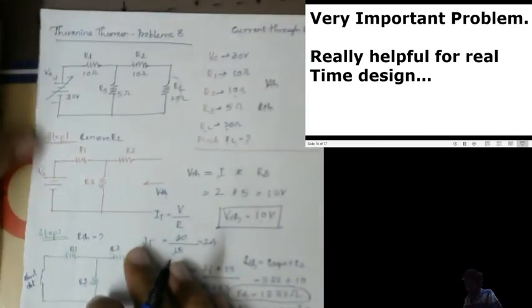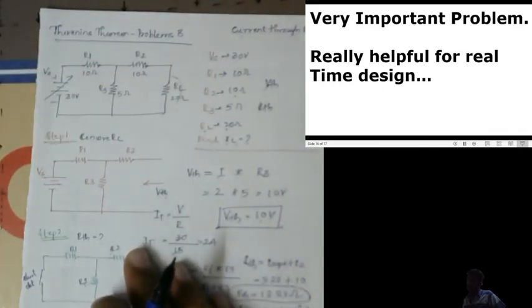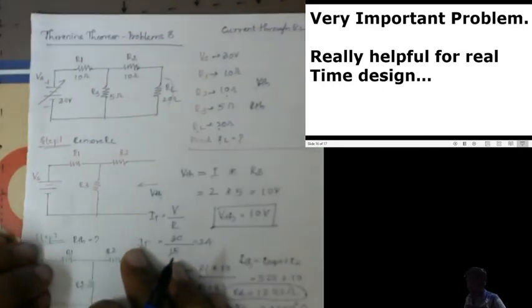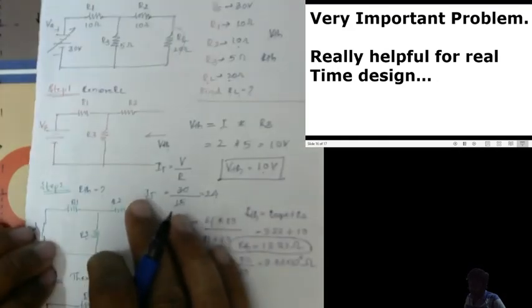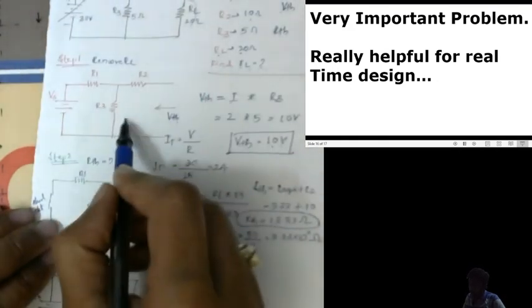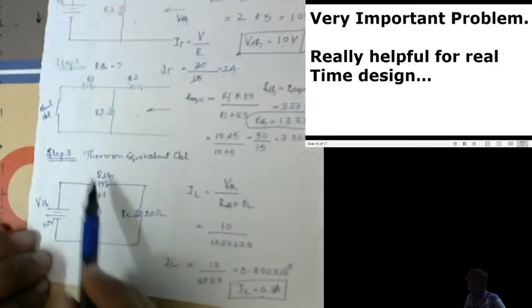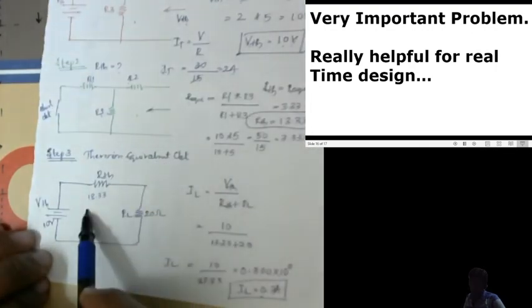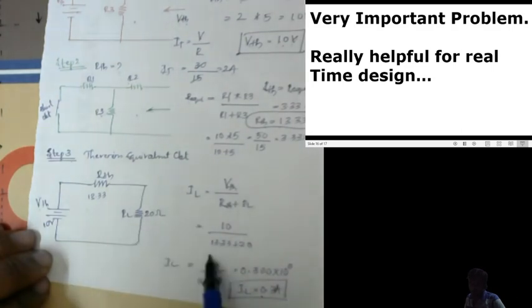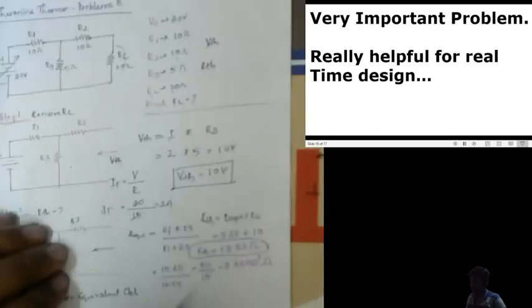Okay, this problem is very simple to remember. First you need to find the VTS, then you need to find the RTS, then you write the Thevenin equivalent circuit. After that you can easily find out the load current. Okay, thank you.